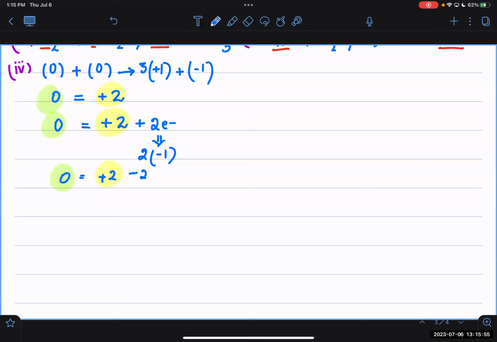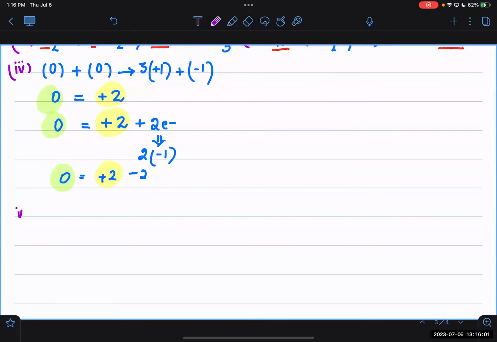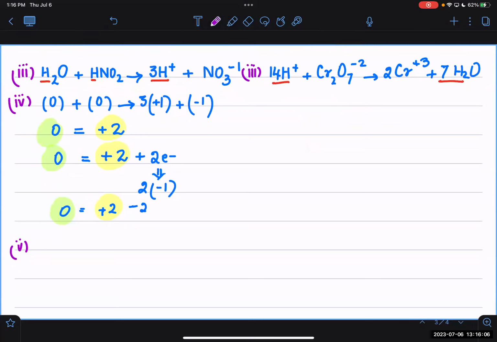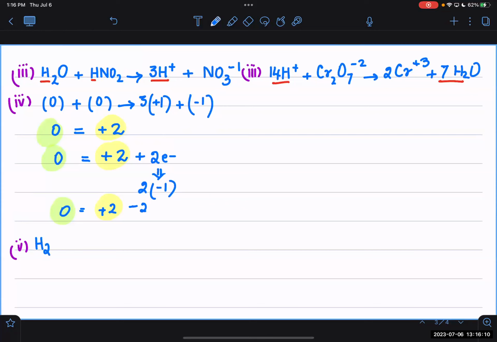So now we introduced that. So basically now write down the final one. H2O plus HNO2 gives you 3 hydrogen ions plus NO3 minus 1 plus 2 electrons.